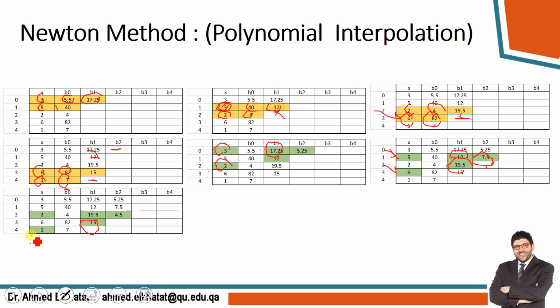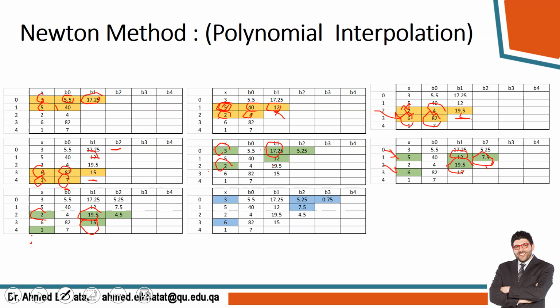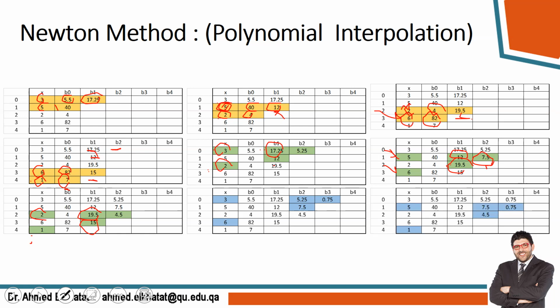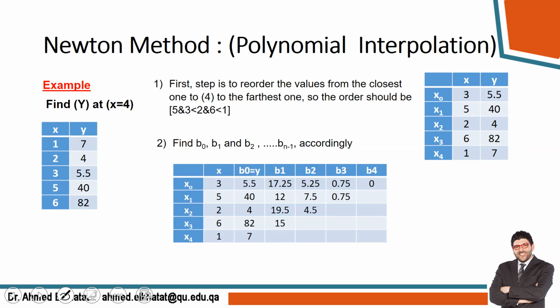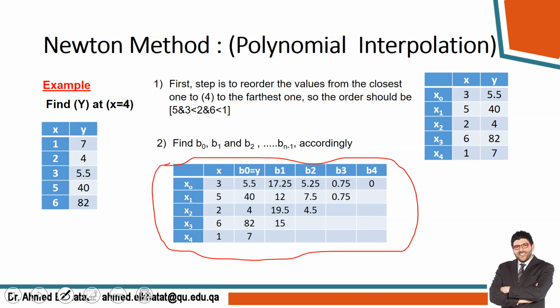Then for 19 minus 5, where is 19? Here, so it will be 2. Similarly we can find the remaining values, so my final table will be like this. This is my final table.